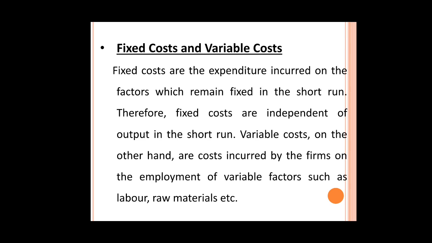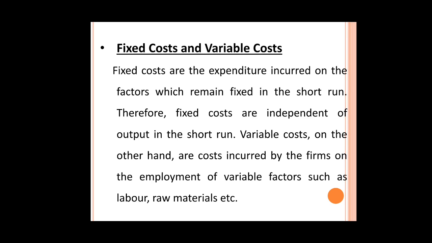Therefore, fixed costs are independent of output in the short run. That is, they do not vary with the level of output in the short run time period. Even if no output is produced in the short run, fixed costs will have to be incurred by a firm.